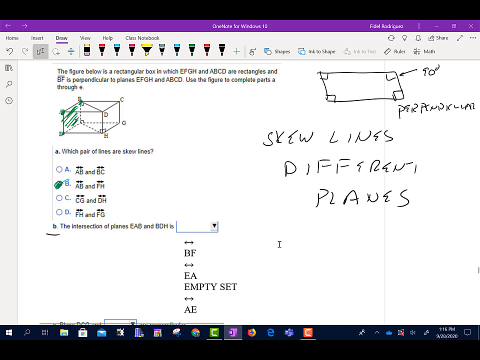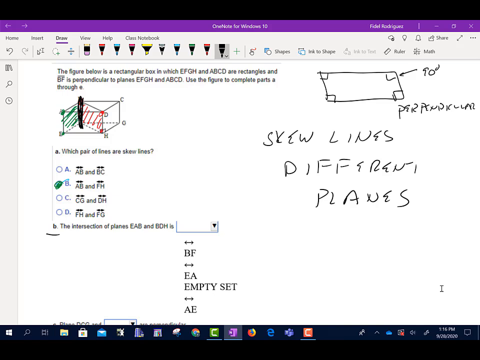Oh, come on. Sorry about this, guys. There we go. Okay, and then plane BDH. So here is B, here's D, here's H. So sort of that middle piece there, right? Where do those two planes intersect? They intersect right here, don't they? At whatever that line is.